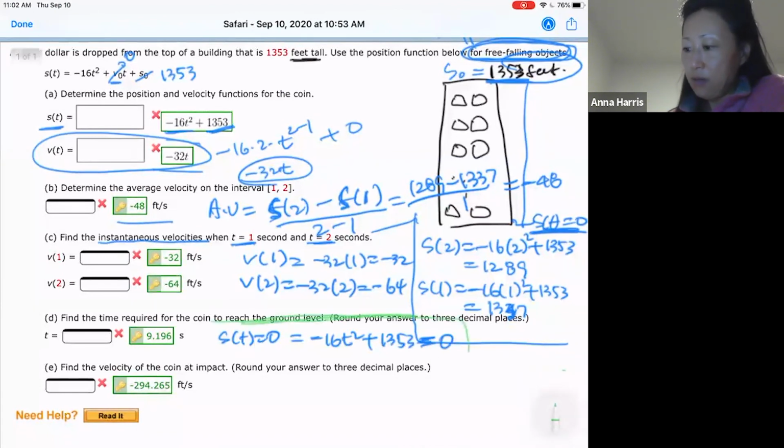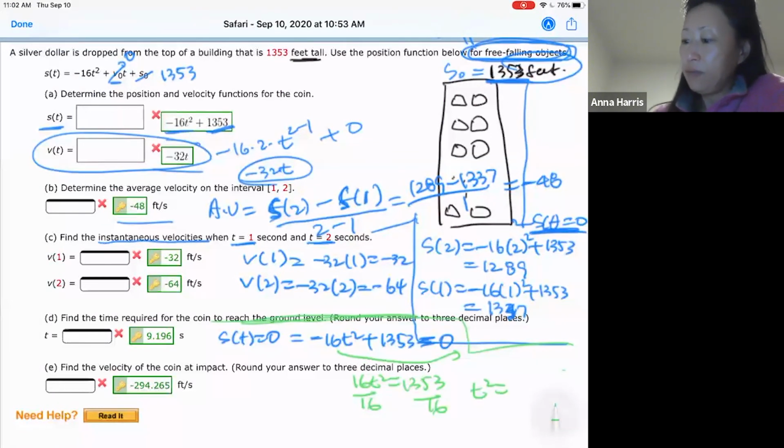All right, in this case, it's just an easy one because there are only 2 terms. So I move this one to the other side. So I have 16t squared equal to 1353. Everything divided by 16, so t squared is equal to 1353 divided by 16, giving you 84.56.